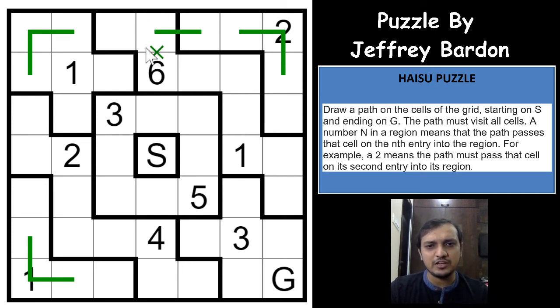So for example, if I have a cross here and a cross here, then this cell won't have a path connecting anywhere else. Same way if I have a cross here, this cell will get stranded and a loop won't pass through it. So that means that this cell will use one of the other adjacent cells to complete one entry of the region, right?